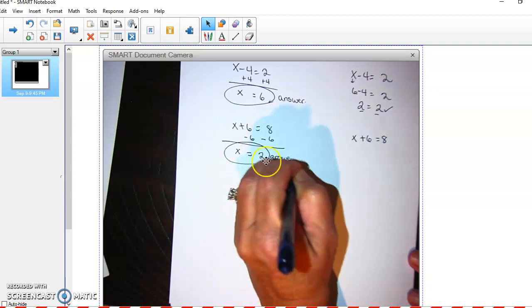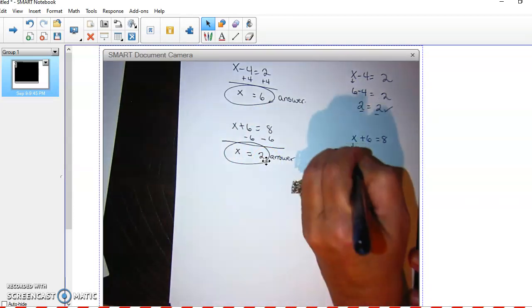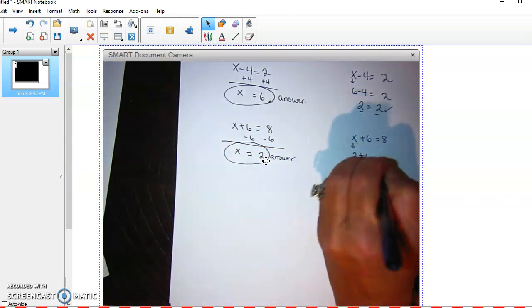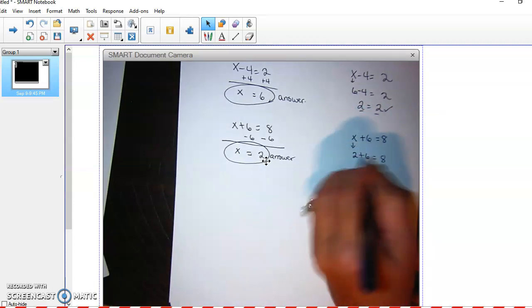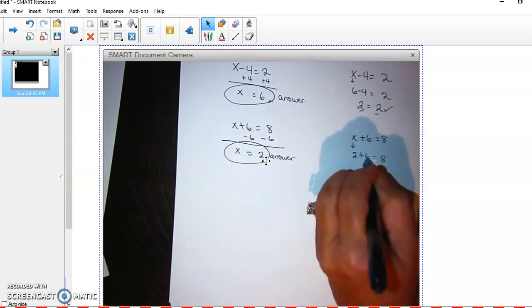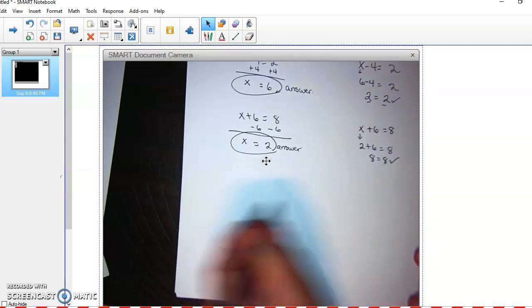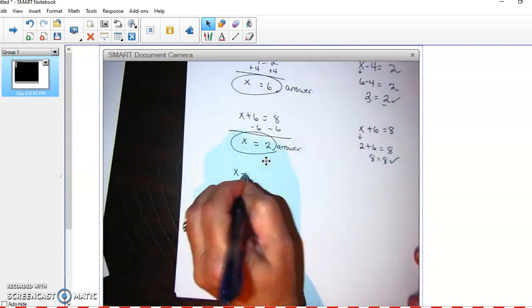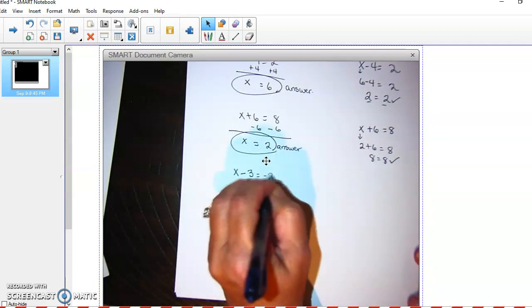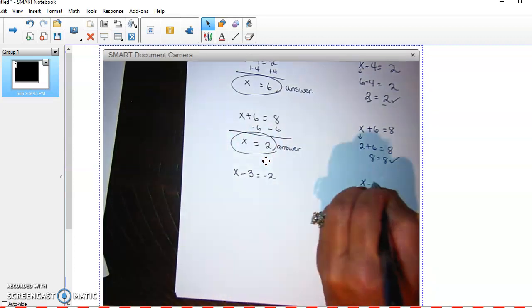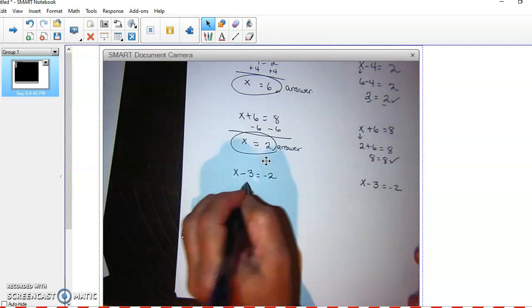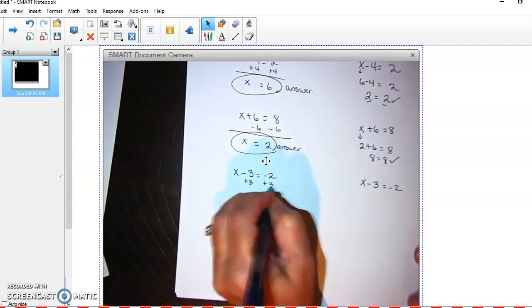Let's check it. So x is now 2. If I substitute it in my equation, it better balance. 2 and 6 is 8, and that one checks out. The next problem is x minus 3 equals negative 2. We're going to add 3 to both sides.